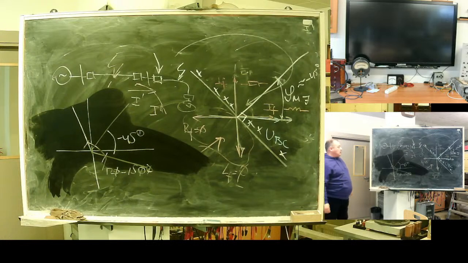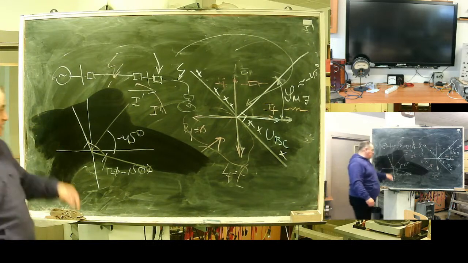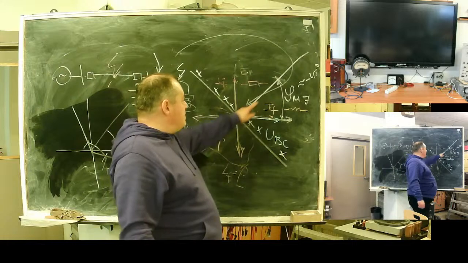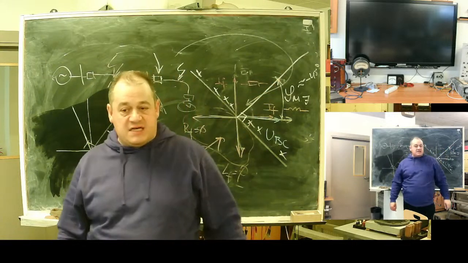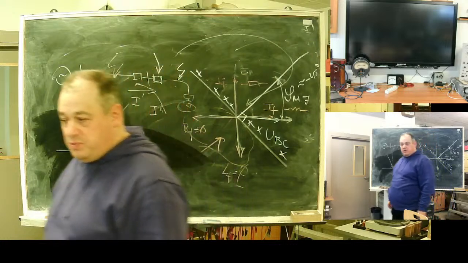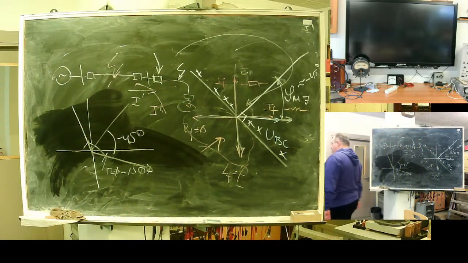It's a bit more reliable. Anyway, 180 works, but the line of maximum sensitivity for a 90 degrees relay should be minus 45.